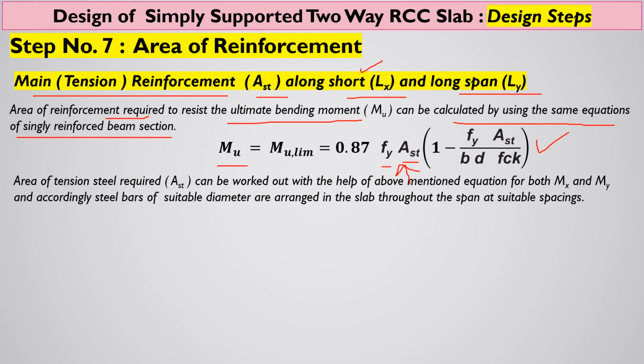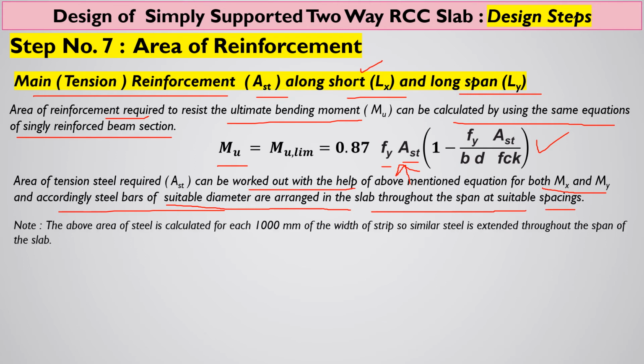And area of tension steel can be worked out with the help of the mentioned equation for both Mx and My, that is bending moment along x direction as well as along y direction. And accordingly, we will be able to decide what should be the bar diameter, and they are to be arranged in the slab throughout the span at a suitable spacing.